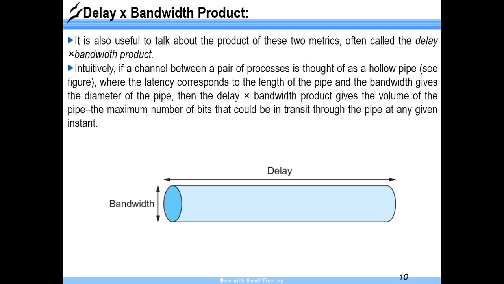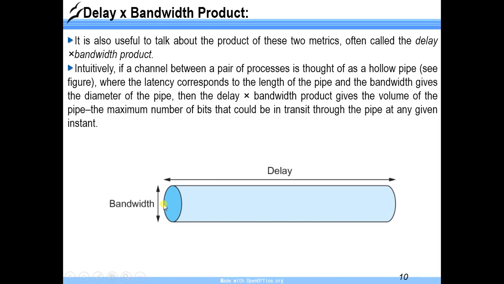The delay times bandwidth product can be thought of like this: consider a channel between a pair of processors as a hollow pipe between one processor and another. The length of the pipe corresponds to the delay, and the diameter of the pipe gives the bandwidth.